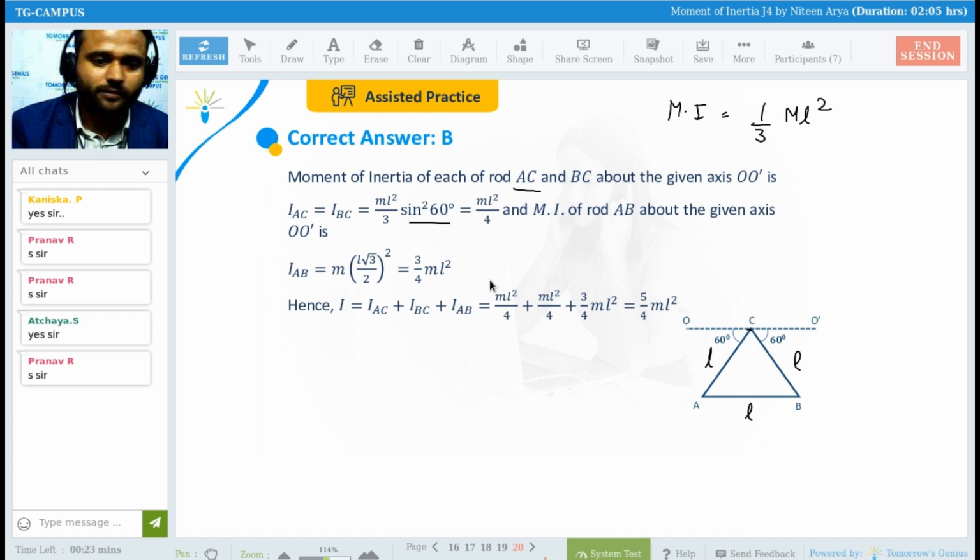For AC and BC, with point C as the end, we find the sine 60 degree component, so it is going to be sine square. L perpendicular here, in general, is L sine theta.